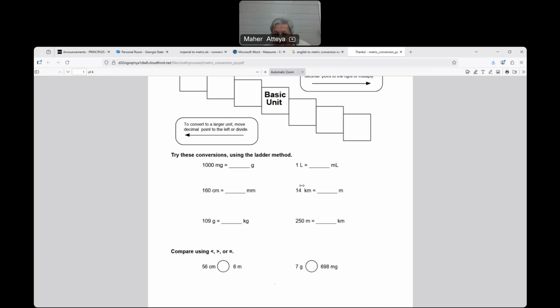This is 10 to the plus 3, opposite of milli. This is plus 2 for centimeter, because centi is 10 to the minus 2, and the plus 2 goes on top. So this is 160 times 10 to the plus 1 millimeters. Yeah, that's the correct answer.